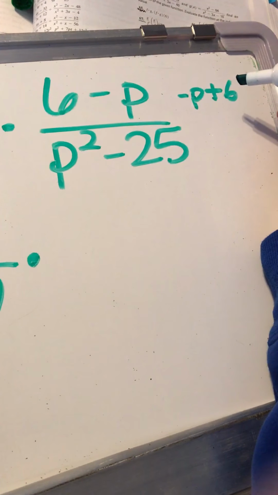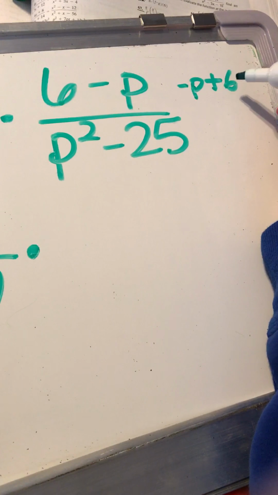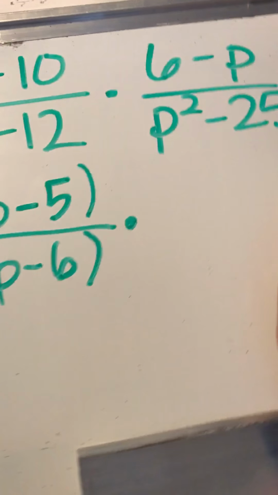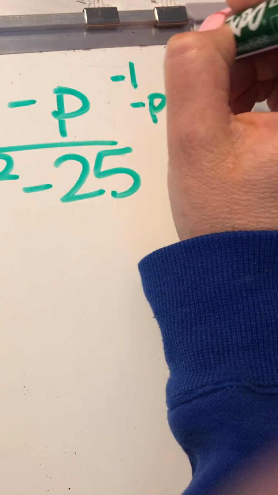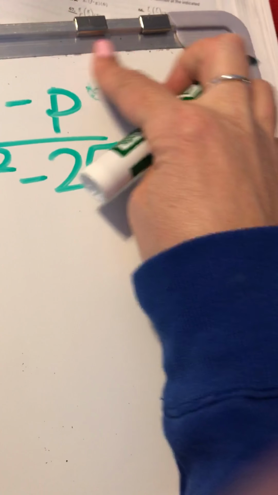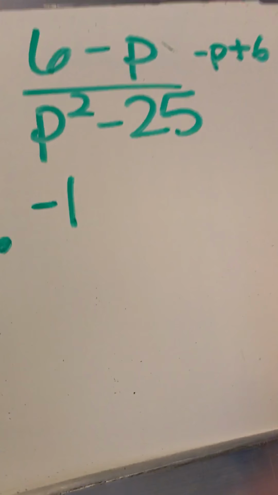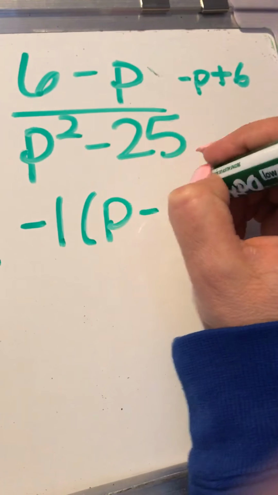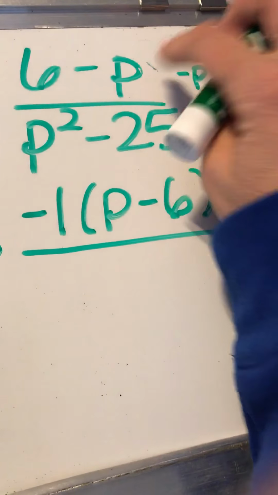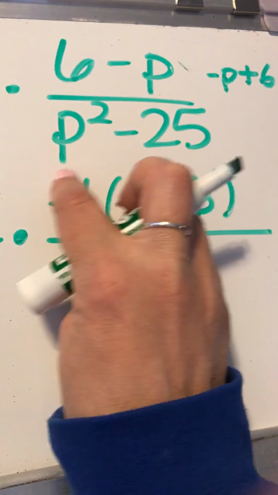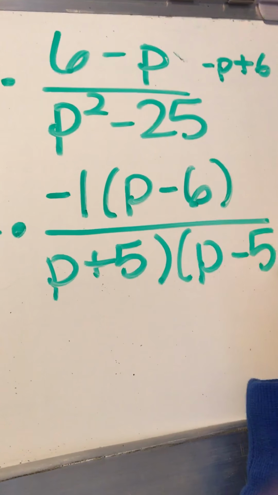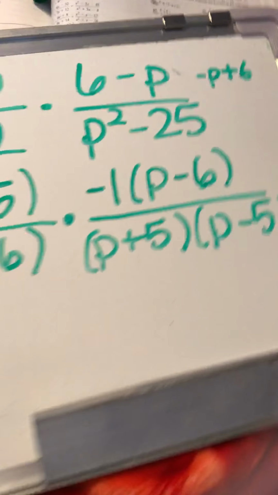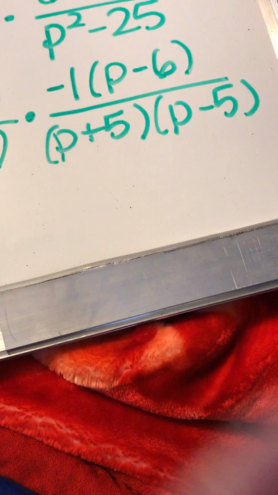Because I want to find a common factor with the denominator, which has a P minus 6, I factor out a -1, giving -1 times P minus 6 in my numerator. Now my denominator is a difference of squares, so I have P plus 5 and P minus 5. Now we have numerator and denominator factored for both expressions.